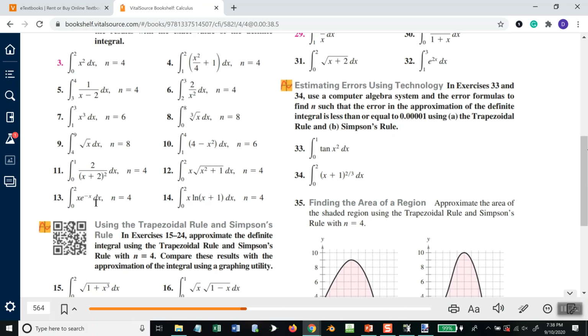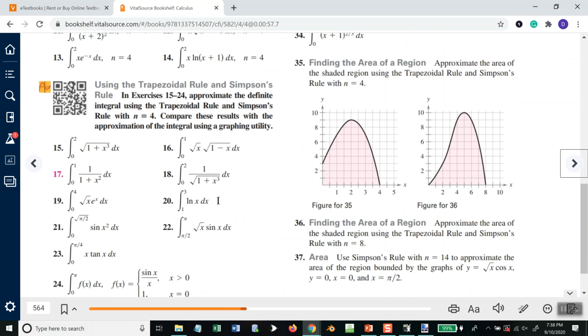But number 14, I think integration by parts on that would work, so I think all of these you could actually do using the techniques we've seen so far. I'm sure there's some that you can't. Number 22, I don't think you could do it at all, so you have to do it using this technique.